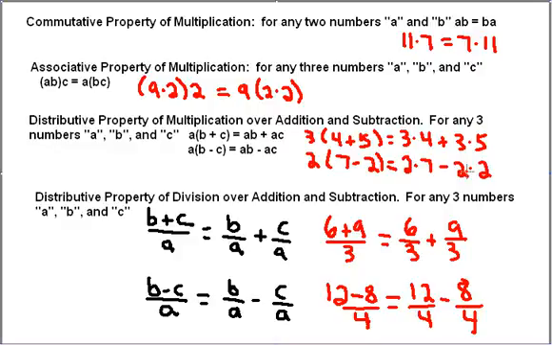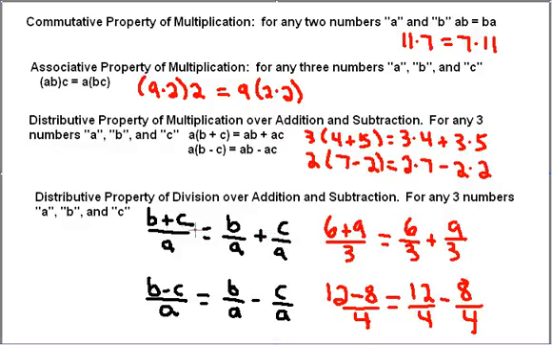We also have the distributive property of division when used over addition and subtraction. And likewise, it says that for any three numbers that you have, a, b, and c, if you have b plus c and you're taking that and dividing it by a, that's the same thing as taking each of the parts and dividing it by a. So that would then be b over a plus c over a.